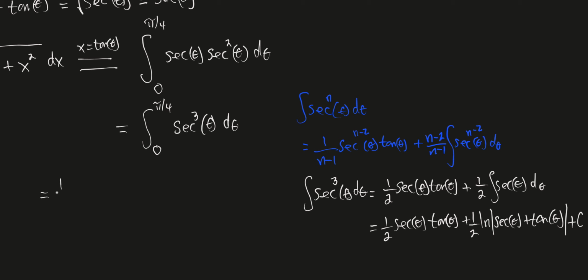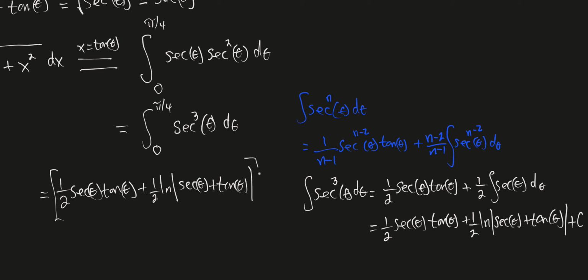So here's our antiderivative. I'm going to rewrite it. Right, ln of secant theta plus tangent theta, and then all of this evaluated at 0 and at pi over 4. Right? Now, let me just point out, this is where you really start to see the benefit of switching the limits.